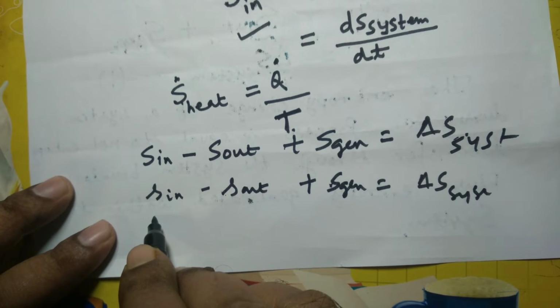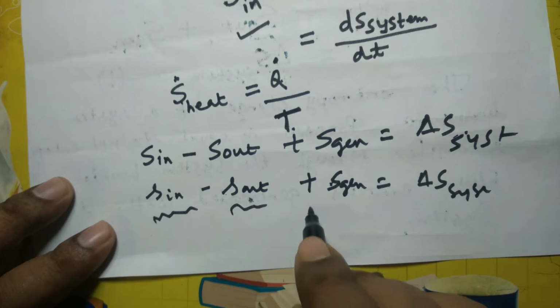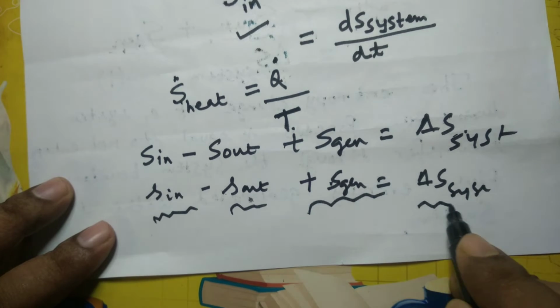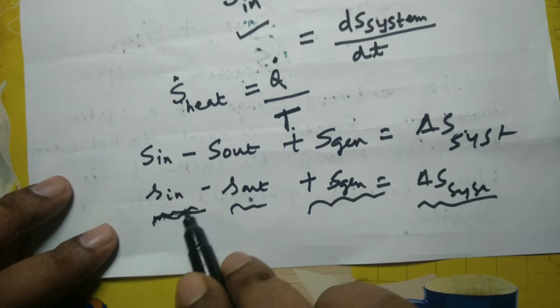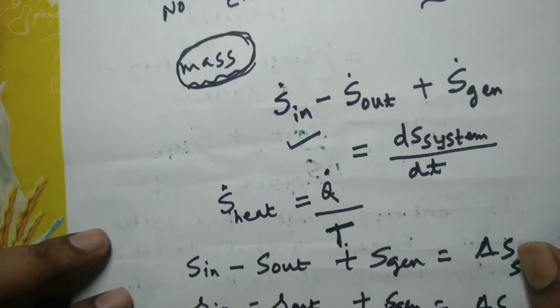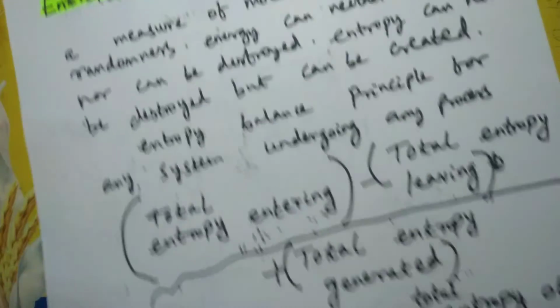That means this is in terms of intensive entropy, specific entropy, an intensive property, that is entropy per unit mass.